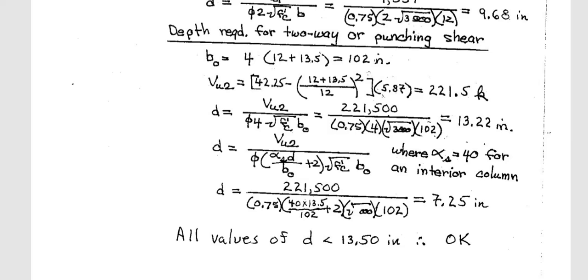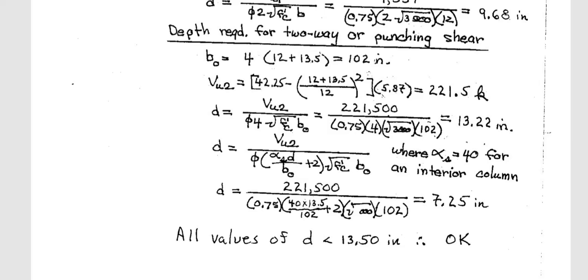Now, we are providing 13.5, and it requires 7.25. So we can say that yes, it is good, because if I do the calculation exactly, it may not change so much. But say we are providing 13.5, and after this calculation you find 13.25, very close, that means you should do the accurate calculation.